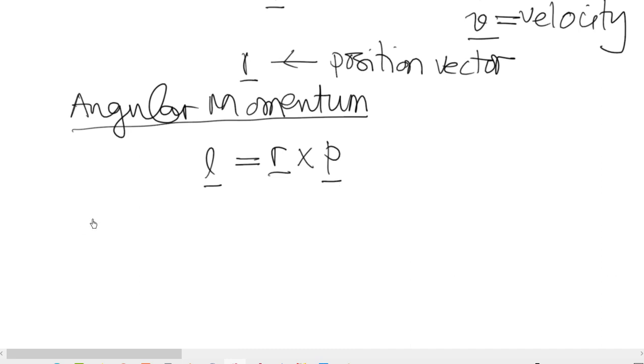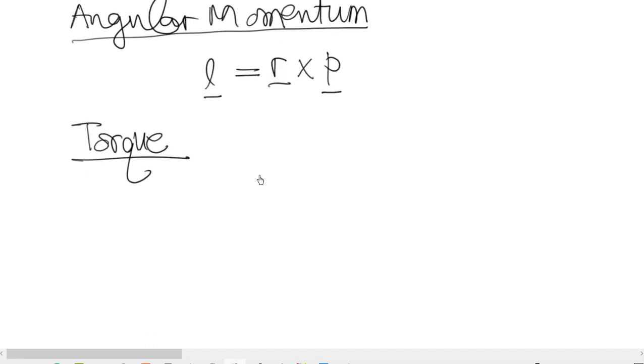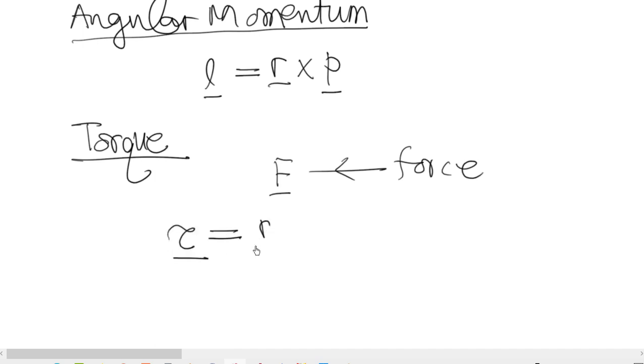We define now torque. If F is the force in rectilinear motion, means linear motion, then torque tau is defined by this cross product of the displacement vector and the force, which gives the torque acting on the particle.